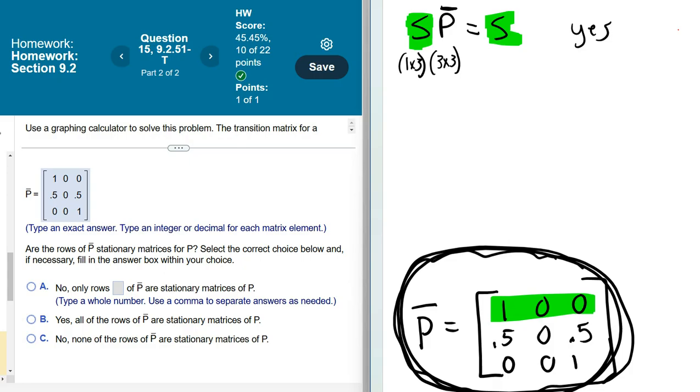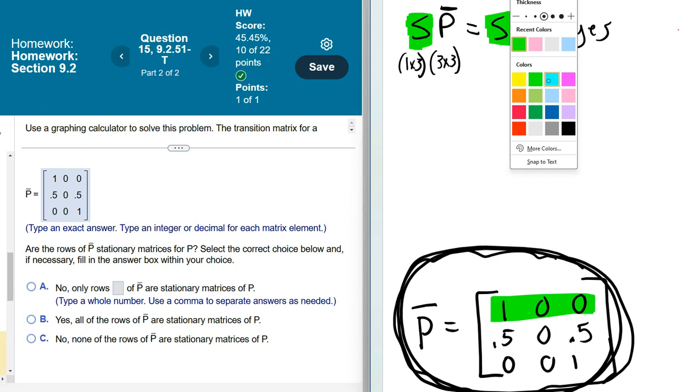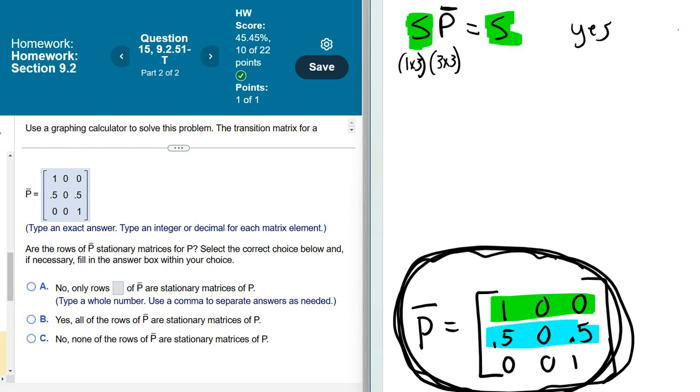I've already done this. Then you're going to use this row, and you're going to do this S times the limiting matrix. You want to know, whoops, does that S down there times your P give you the same S, the 0.5, 0, 0.5? And I already did it, and yes, it does.